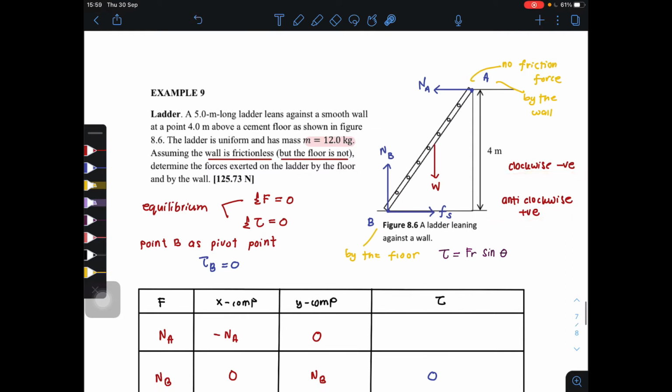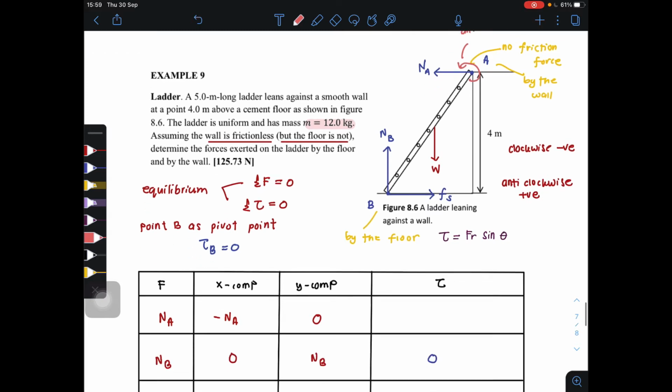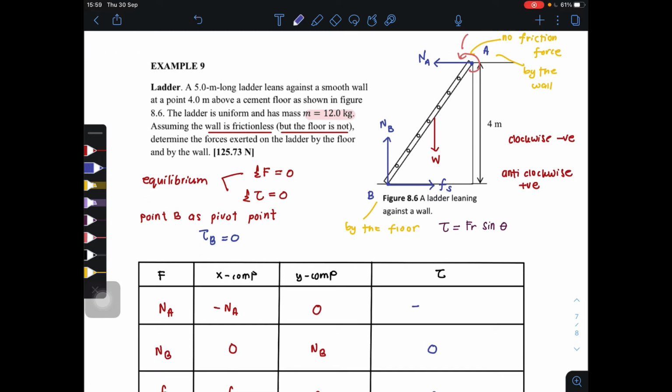So now we want to determine whether it is clockwise or anti-clockwise. Now our force is towards the left, right? So that means we are pulling the ladder. If we pull, obviously it will move this way. So it will rotate like this, the direction of the rotation. So the direction will be like this, meaning that it is anti-clockwise. So anti-clockwise will be positive. So here we enter positive torque A.